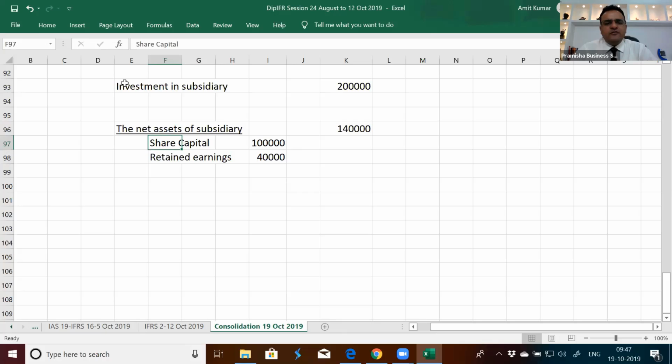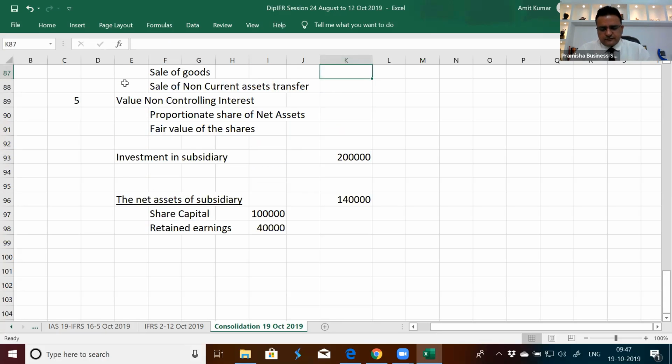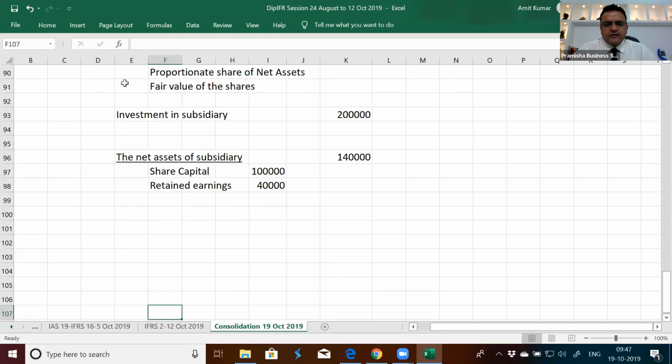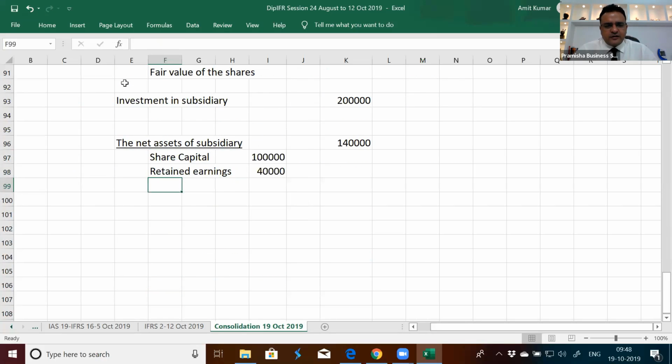And another requirement is fair value of net assets. If you noticed, we need to do some fair value adjustments. We need to fair value the net assets of subsidiary. On fair value adjustment, we got to know that land was higher by 20,000.